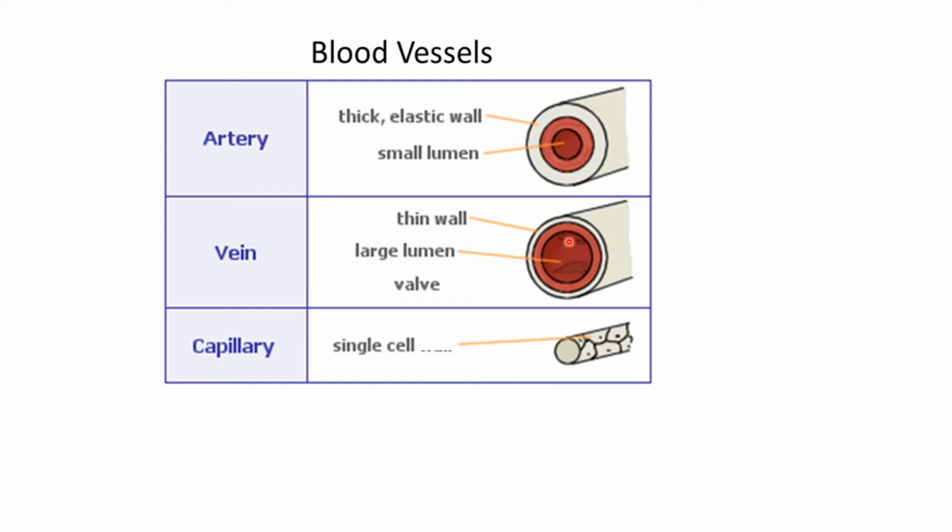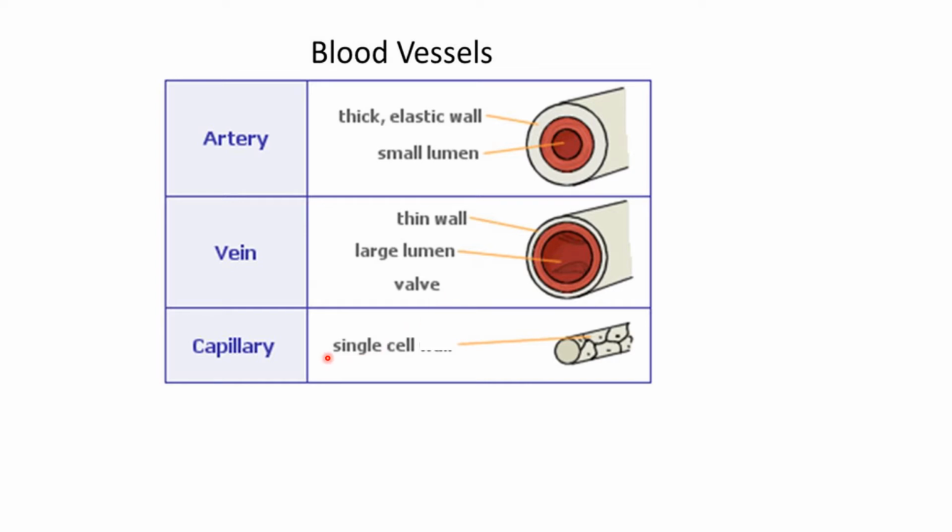And because walls are thin, the space inside is large, that is large lumen they have, and they have valves also. Valves are present in veins to ensure that the blood flows only in one direction.